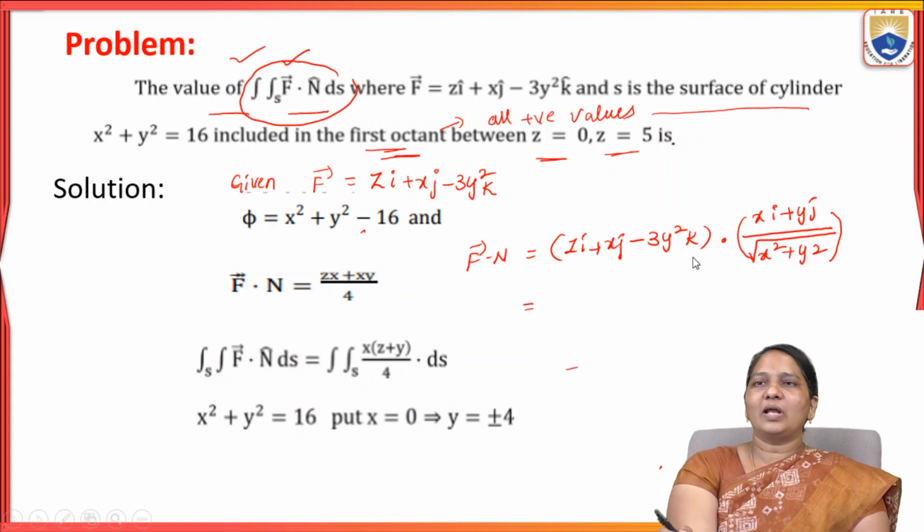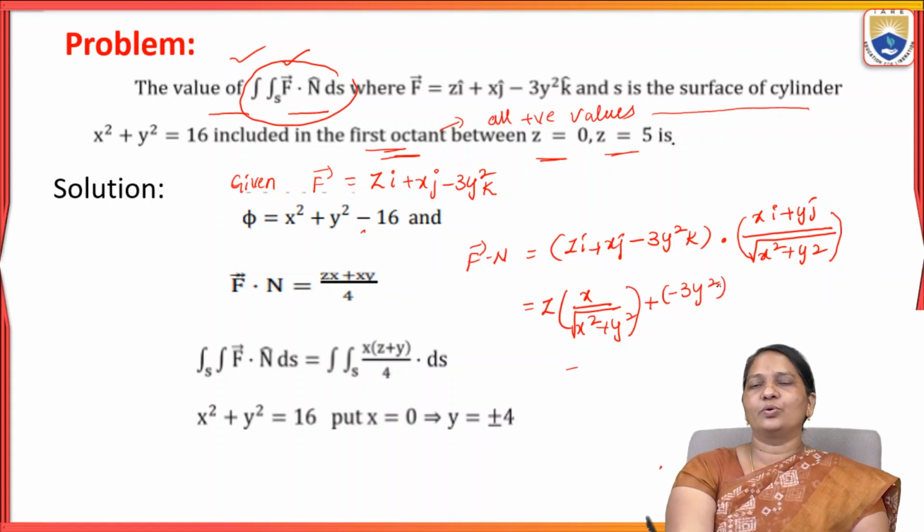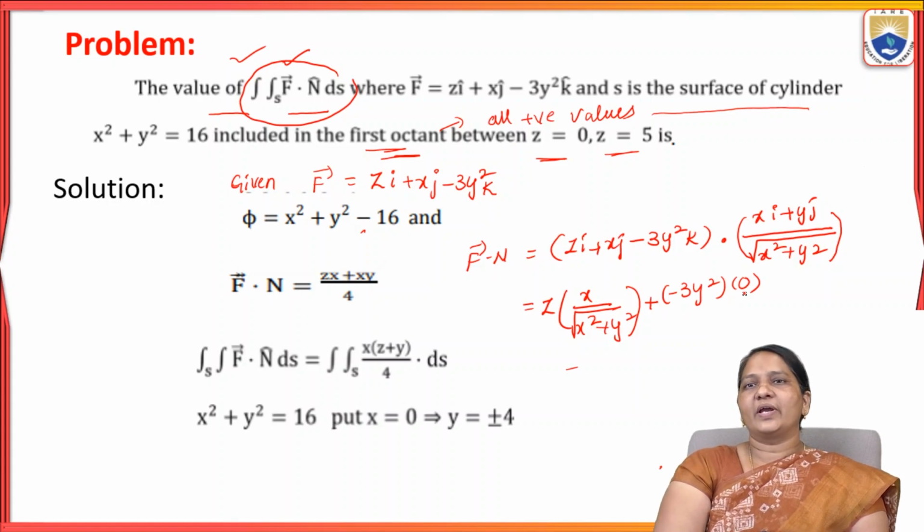Now i dot i is 1. So z into x by the square root of x square plus y square. Next, plus minus 3y square into, here there is no j component and no k component, so that means this is 0. So finally, what can I get?